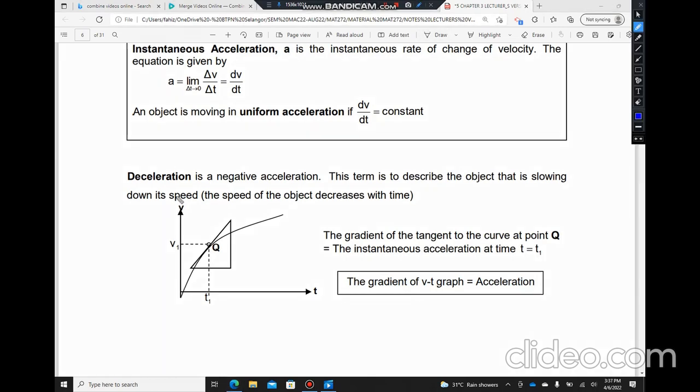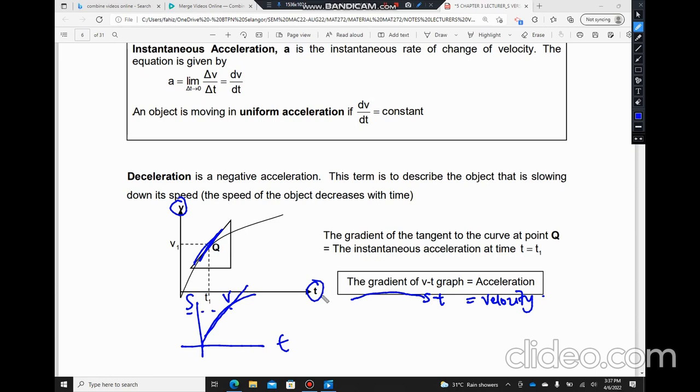So kalau graf ST kita akan dapat velocity. So kalau graf VT, kat sini V, sini T, so gradient dia adalah acceleration. Kalau tadi graf ST, so kalau dia ada curve, so yang ni kita akan dapat velocity.